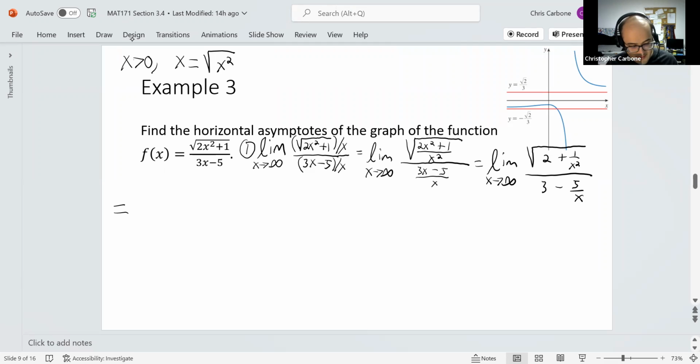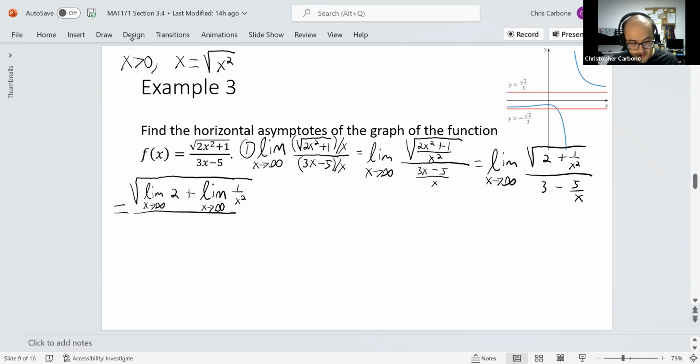So evaluating this, we can evaluate the numerator and denominator parts and then separate it into each of the parts, based on those lovely limit rules. We could write the square root of the limit as x approaches infinity of 2 plus the limit as x approaches infinity of 1 over x squared.